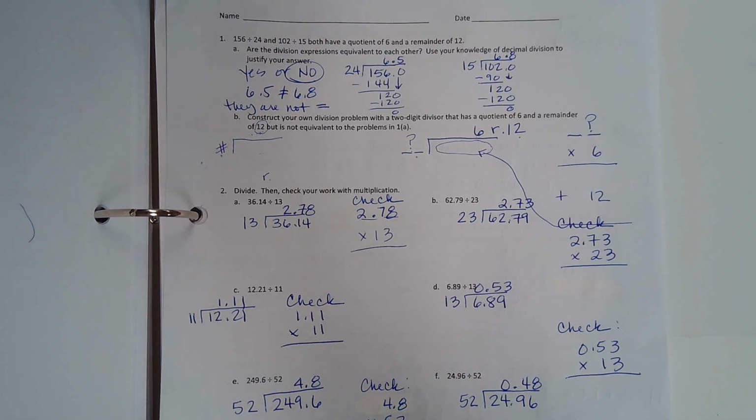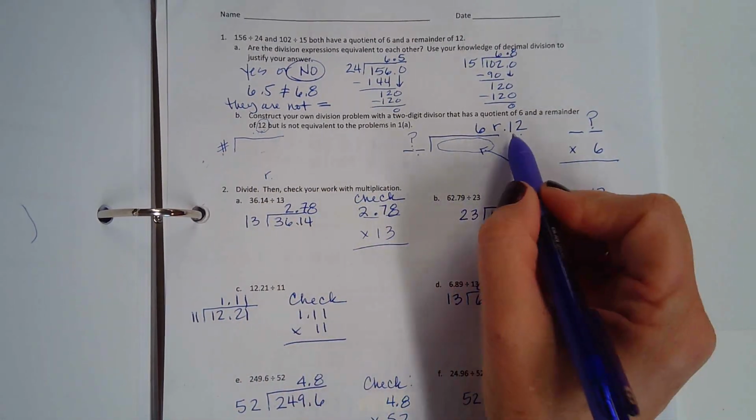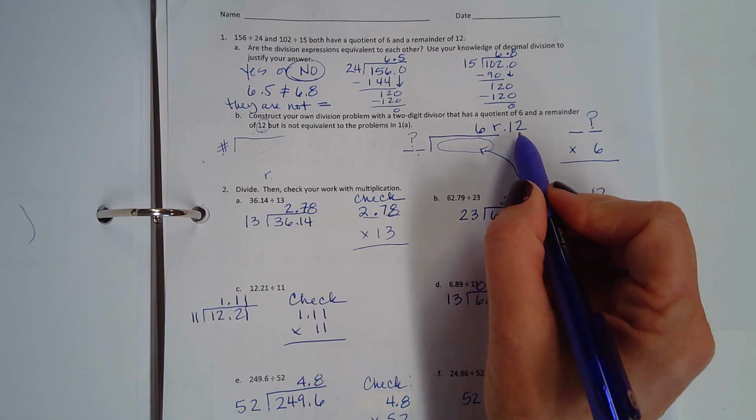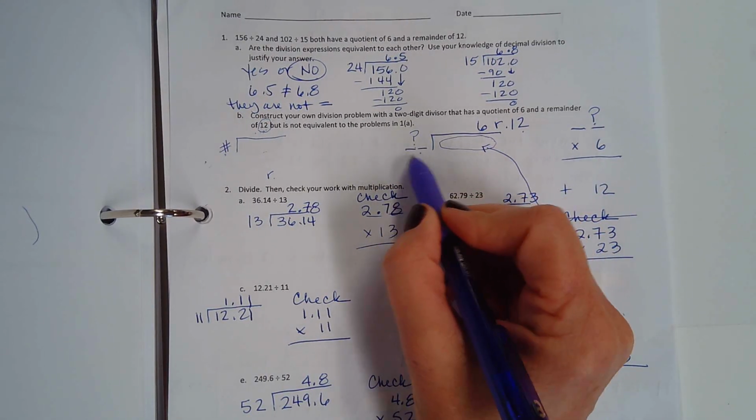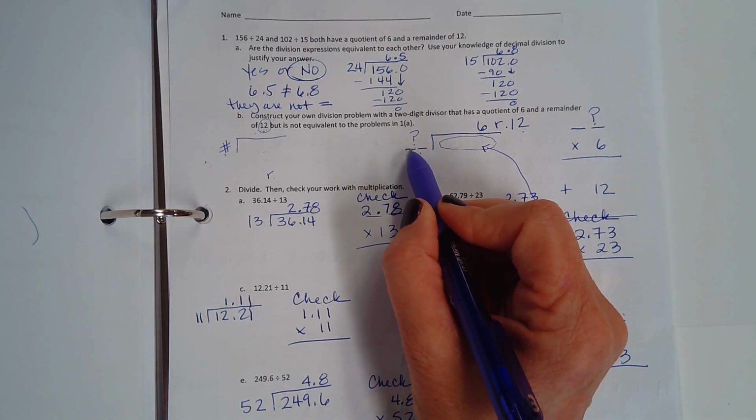But what else do you know? This is what you know, friends. You know that the remainder is 12. So the divisor has to be bigger than 12, right? It has to be bigger than 12.